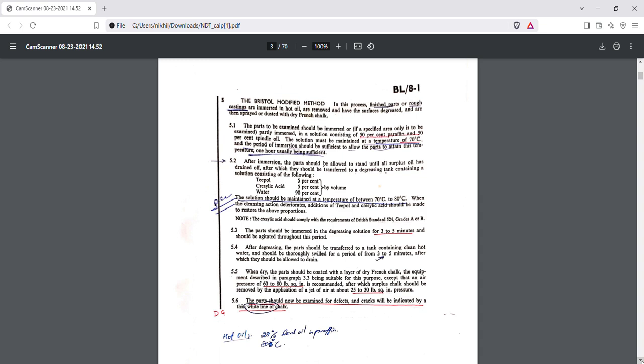When dry, the parts should be coated with a layer of dry French chalk, the equipment described in paragraph 3.3 being suitable for this purpose, except that an air pressure of 60 to 80 lbs per square inch is required, after which surplus chalk should be removed by the application of a jet of air at about 25 to 30 lbs per square inch pressure. The part should now be examined for defects, and cracks will be indicated by a white line of chalk.